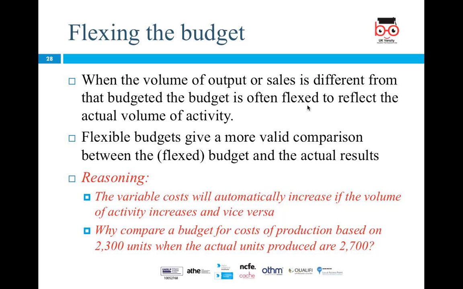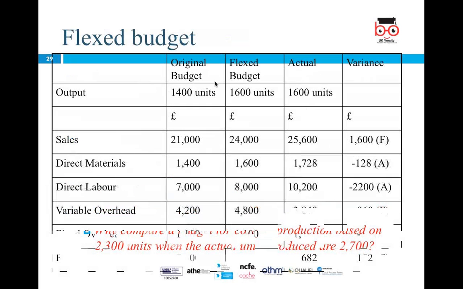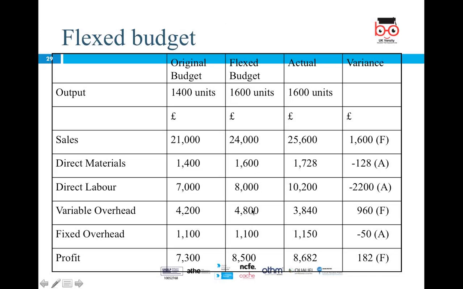If we add one more column in our budgetary control, for example the flexible budget, then how does it relate to the variance analysis? So let's see. We did the original budget and actual and variance before. Now we add one column, the flex budget. For example, our original budget is 14,000 and actual was 16,000.